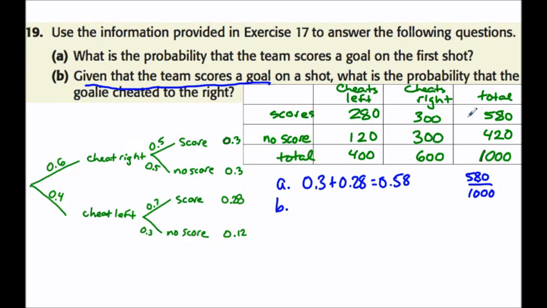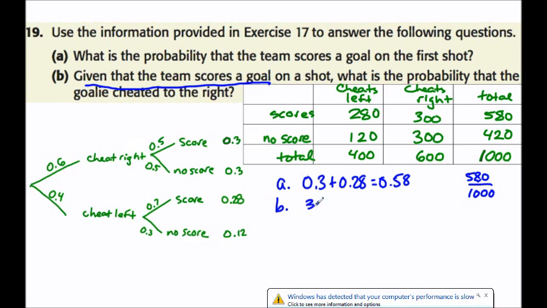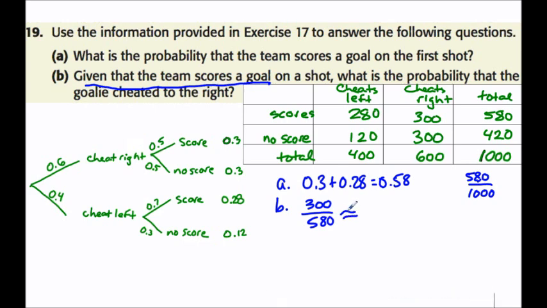What's the probability the goalie cheated to the right? Well, it's going to be 300 out of 580. I think I have that computed here. That's going to be 0.517.